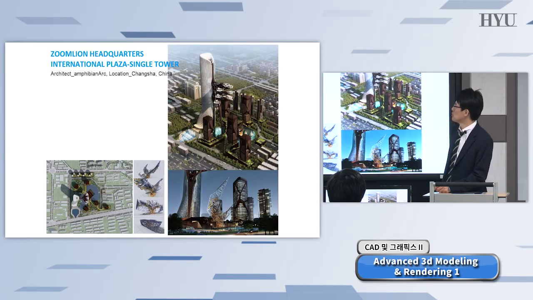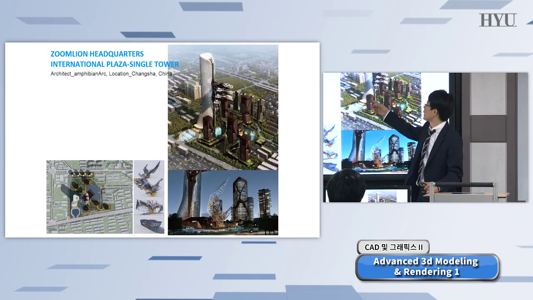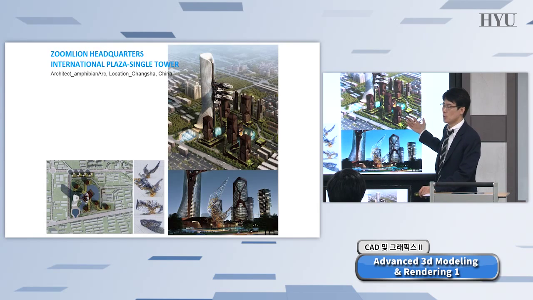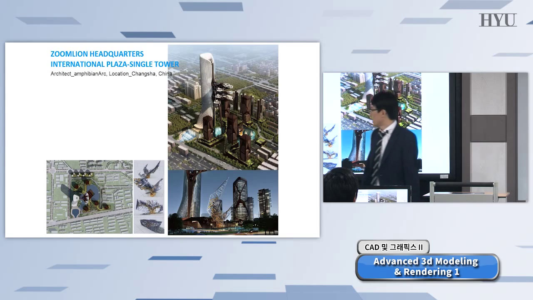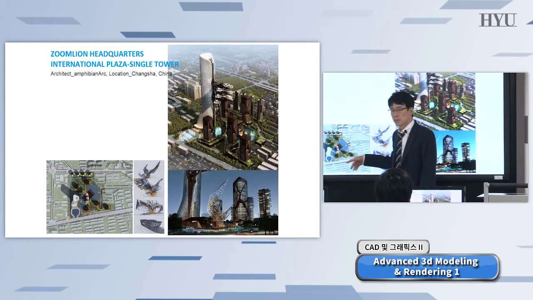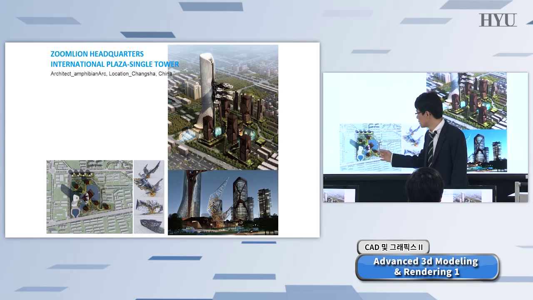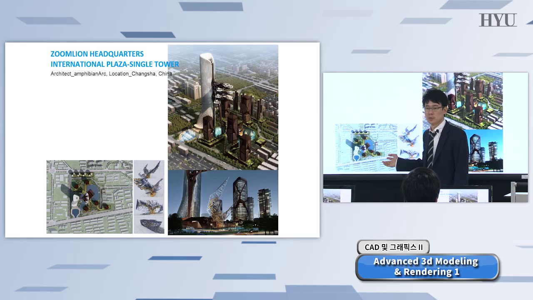Zoomlion headquarters, single tower plaza, whatever it is, anyway, you can find a tower building and some extruded, non-uniform shaped geometry. You can easily find that from this 3D render image, as well as this top view. But actually this is a 3D render shot of the top view, okay?